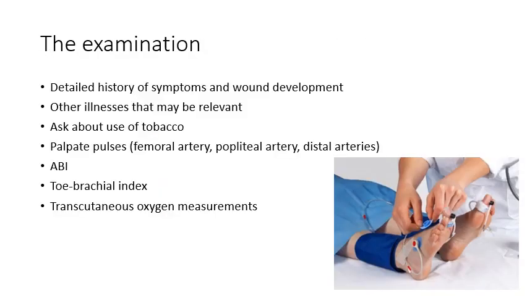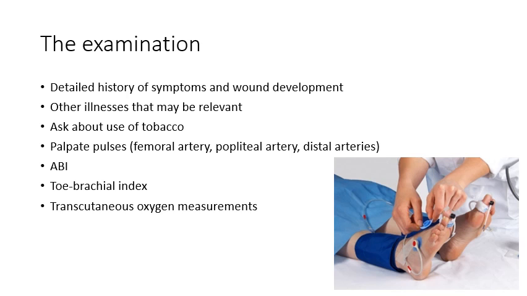So now we look at the examination. How do we approach a patient that we think has arterial insufficiency? Well, it's important to gain a detailed history of symptoms and look at the wound development. This course focuses on wound treatment and the wound development due to arterial insufficiency. So I'm going to assume that this patient has a wound.